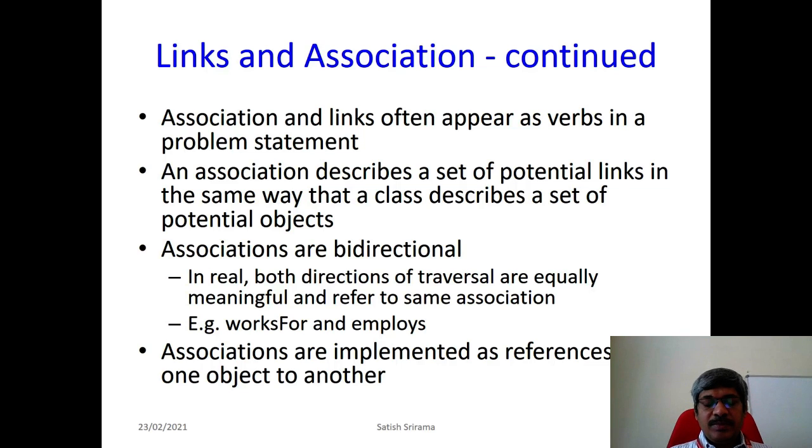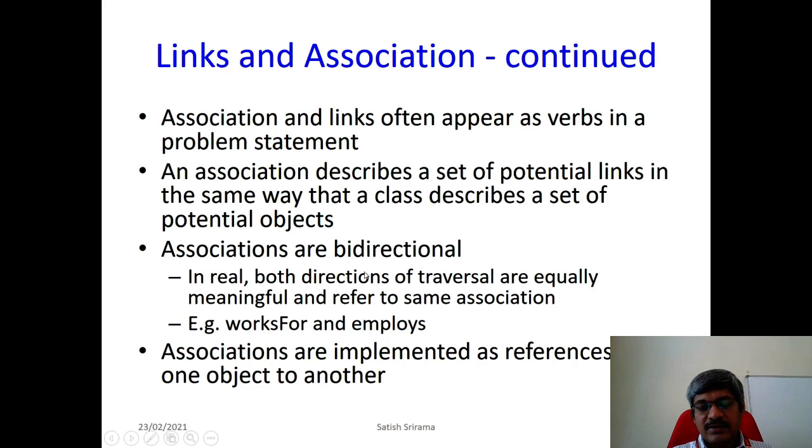Associations and links often appear as verbs in a problem statement, so that is something to remember. An association describes a set of potential links in the same way a class describes a set of potential objects, so we have to think along those lines. Associations are mostly bidirectional.